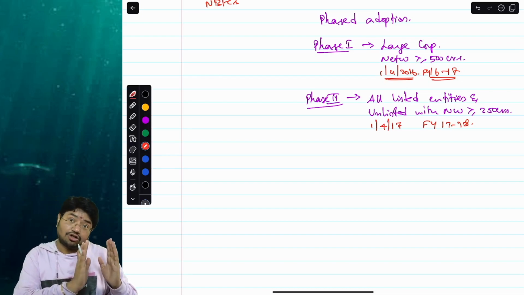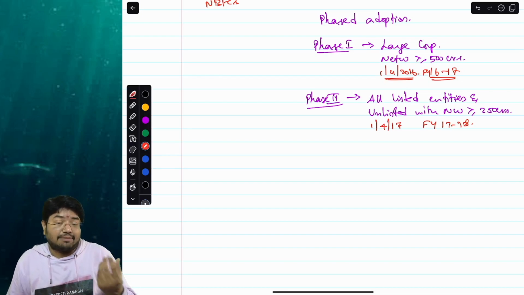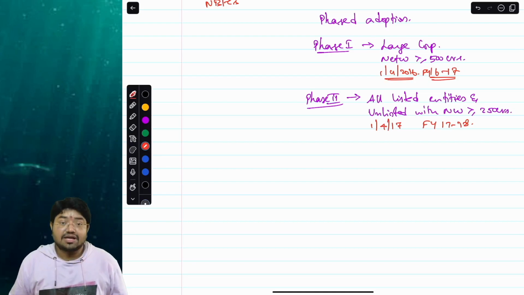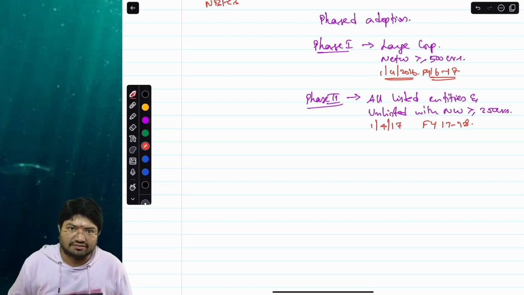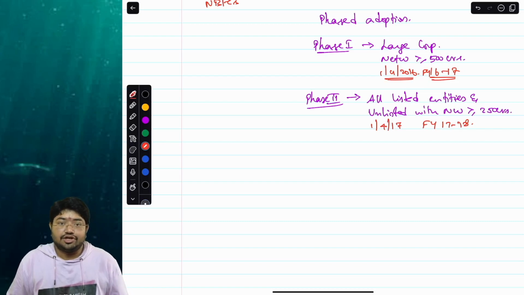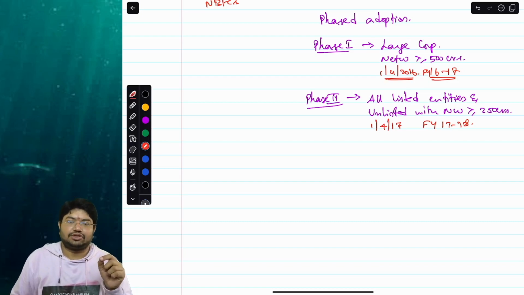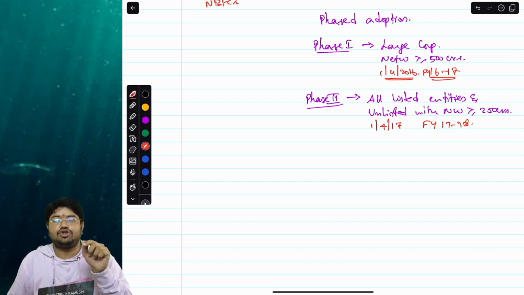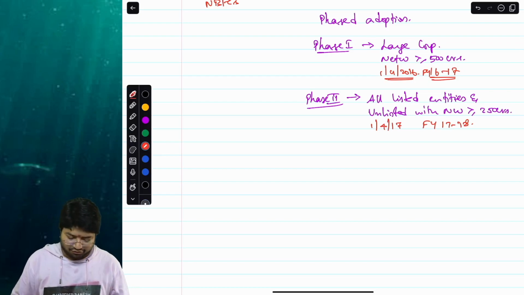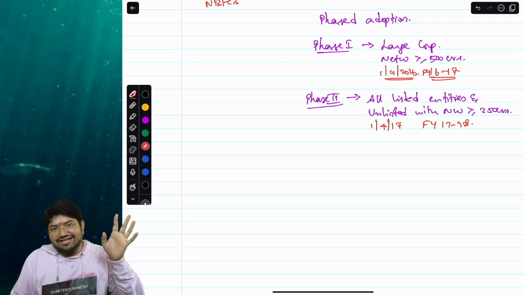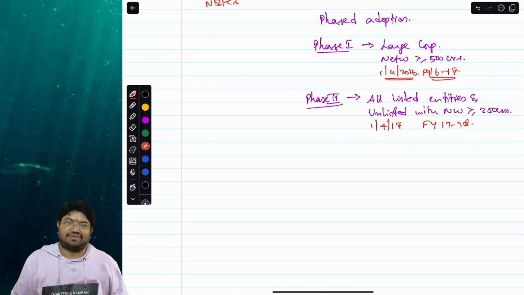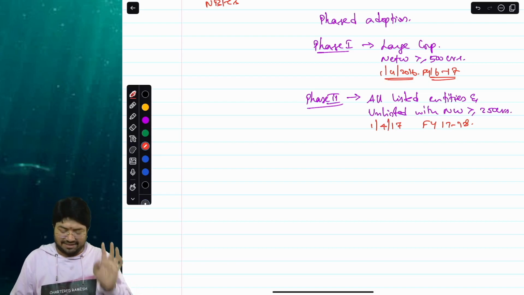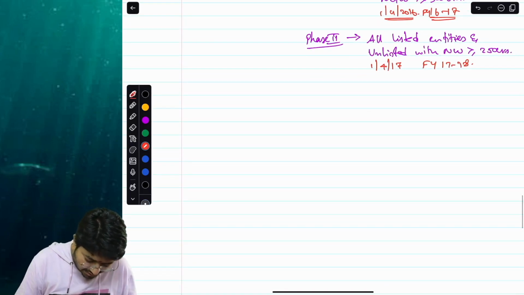That 15-16 also should be in Ind AS, otherwise how will it be comparable? For these reasons, if you are required to adopt Ind AS for a particular financial year, your effective date from which you should be following Ind AS would be the previous year's first day. Am I making sense here? I will repeat this once again. Please see. Phase 1.